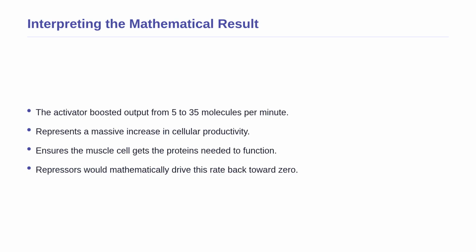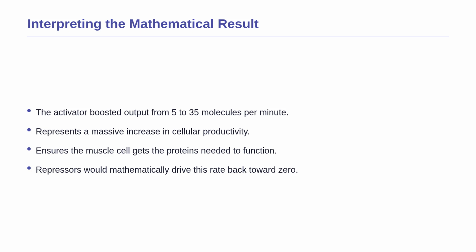Before we conclude, let us take a moment to interpret what that number 35 actually means for the cell. The presence of the activator protein successfully boosted the gene's output tremendously. The gene went from a sluggish baseline of just 5 molecules per minute to a highly productive 35 molecules per minute.